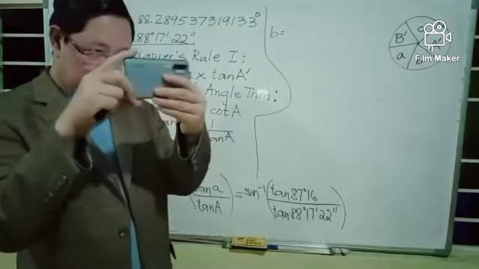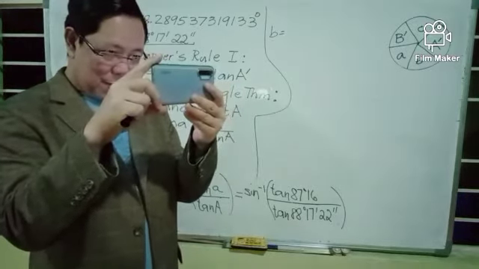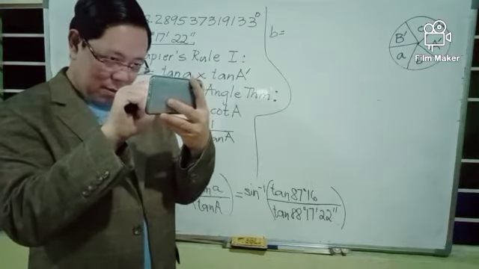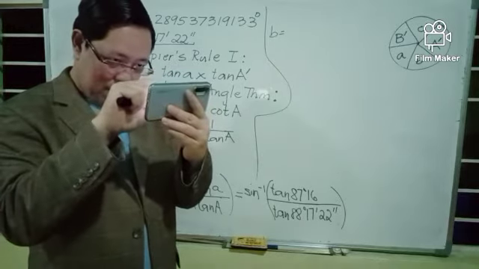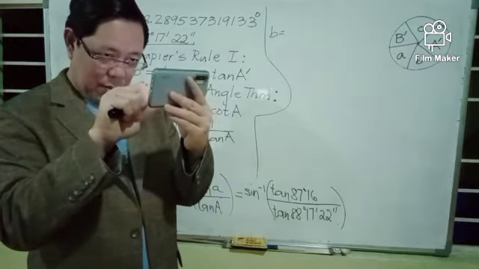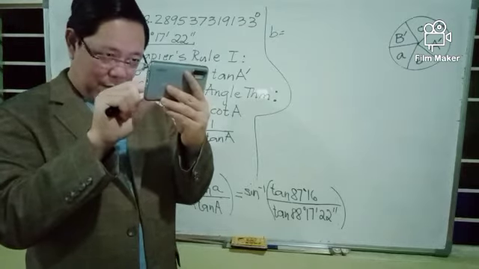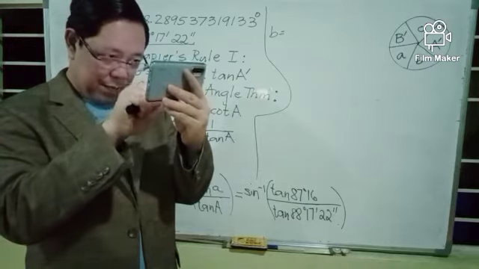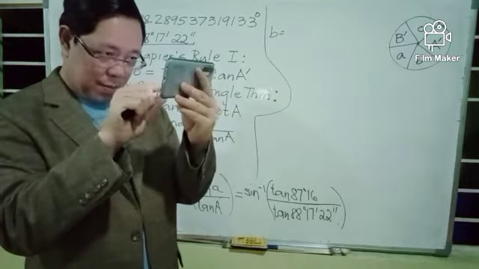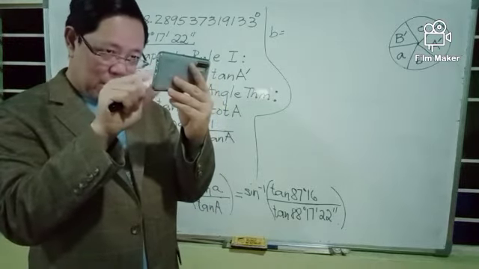I forgot to write tangent, so again: inverse sine of tangent of 87 degrees 16 minutes, divide by tangent of 88 degrees 17 minutes 22 seconds.